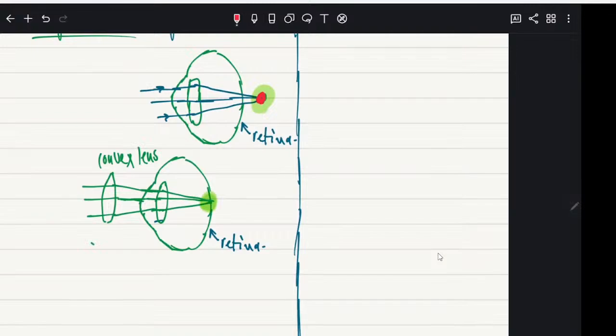How do you then fix it? This convex lens will help to have the rays meet here, right by the retina.